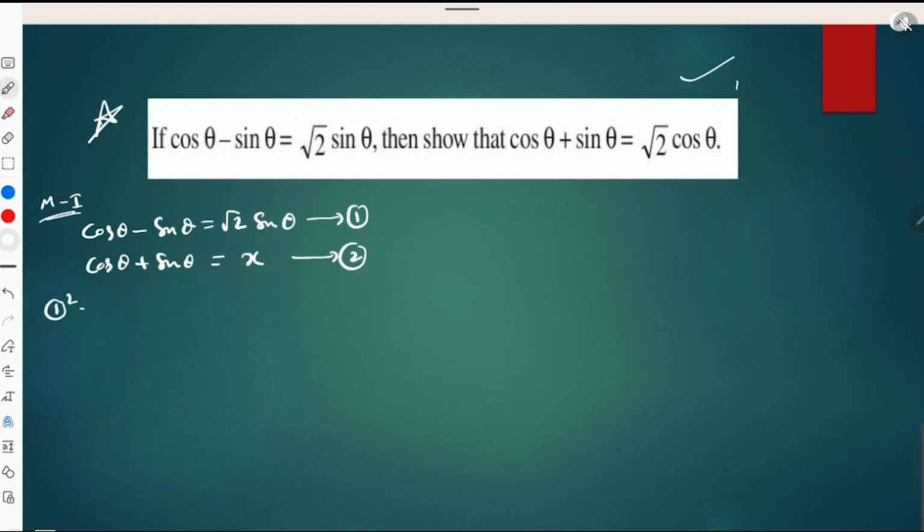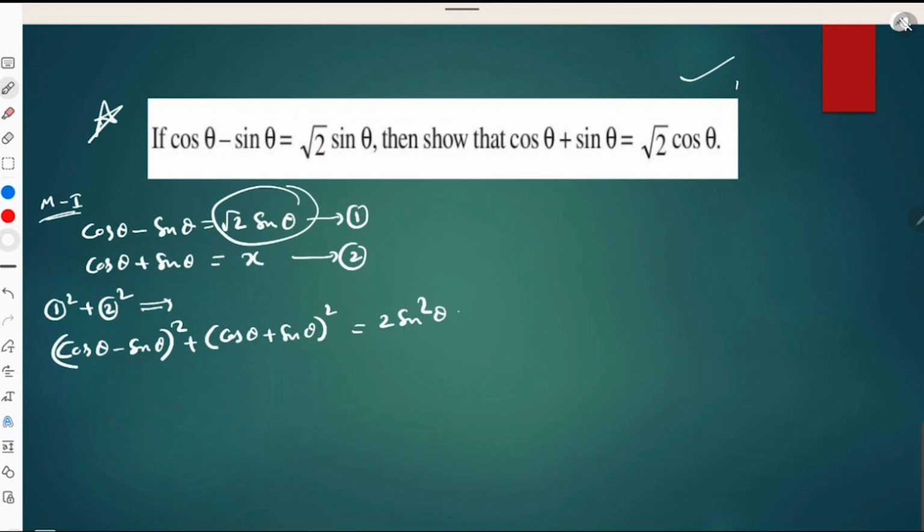Now if you square both the equations and add them, you'll get cos theta minus sin theta whole square plus cos theta plus sin theta whole square equal to 2 sin square theta, since the square of this is 2 sin square theta, plus x square. X is the unknown thing. We want to calculate it.